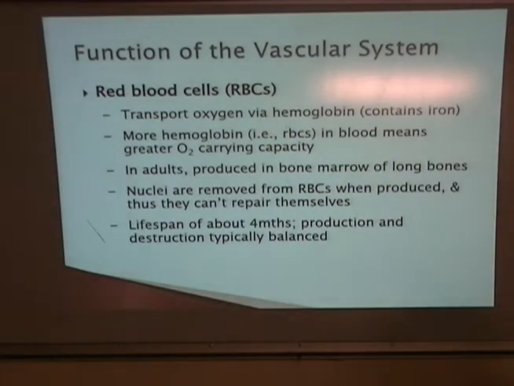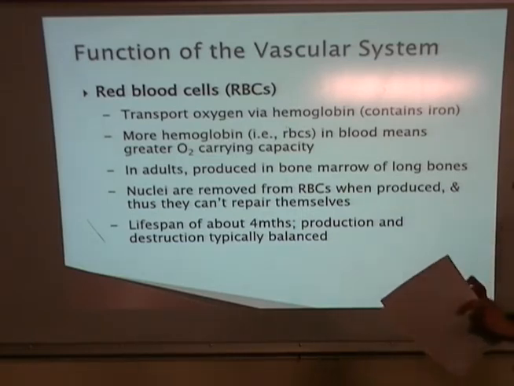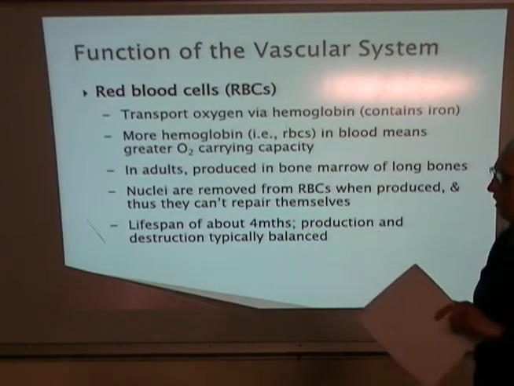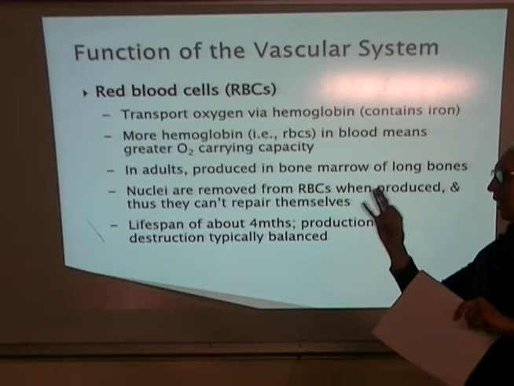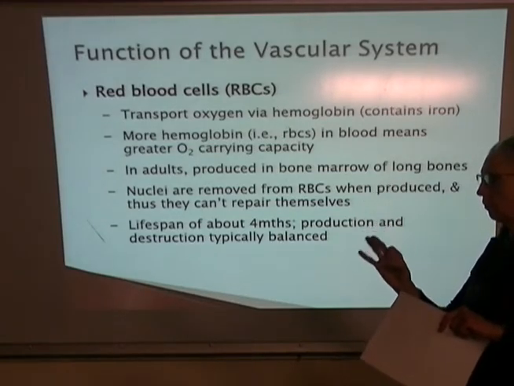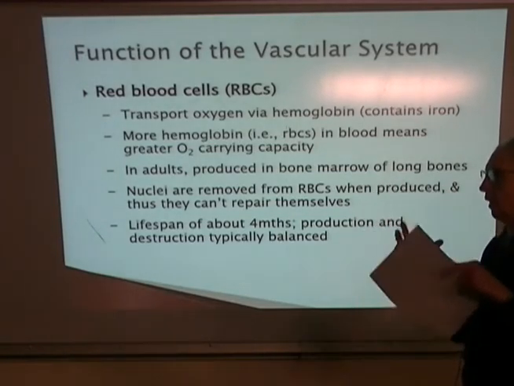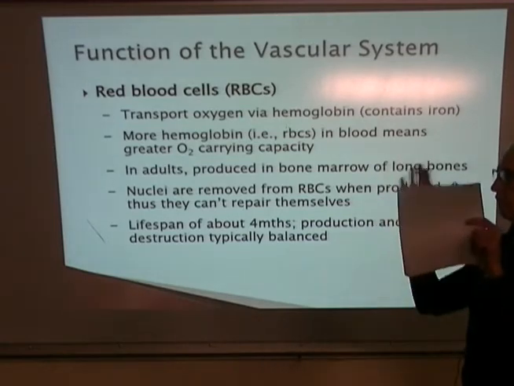When the red blood cells are produced and released, before they're released, the nucleus is removed, and I don't know the mechanism, so don't ask me that. That's more biology than I need to know. But they're a cell without a nucleus, right? That means they can't replicate. So they have a finite lifespan.